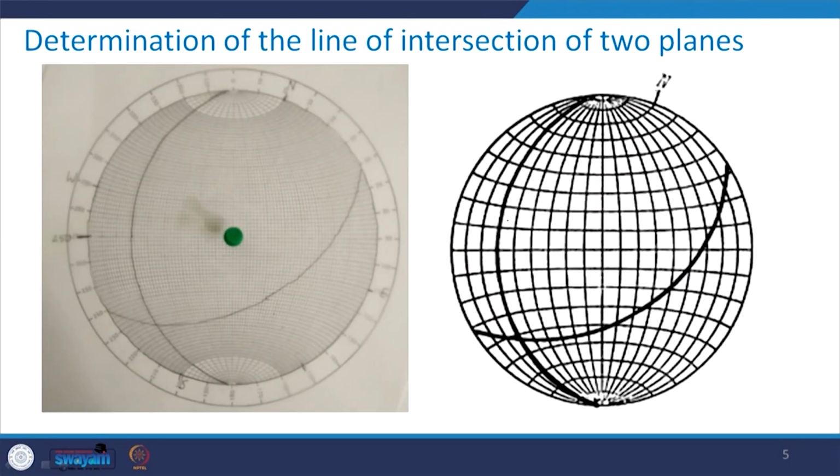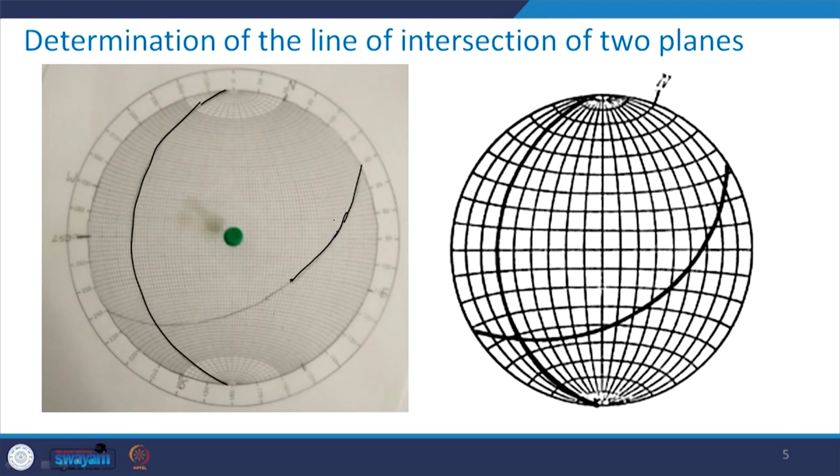This is what we have done. Corresponding to this 30 degree, I draw another great circle which represents the plane having a dip of 30 degree and a dip direction of 250 degree, and obviously the other plane has a 130-degree dip direction and 50-degree dip, as we have seen in the previous class.